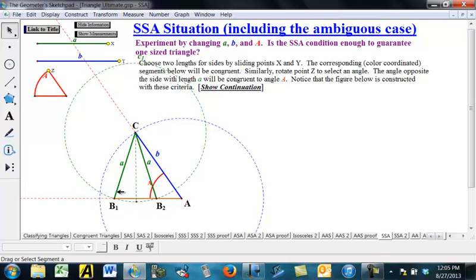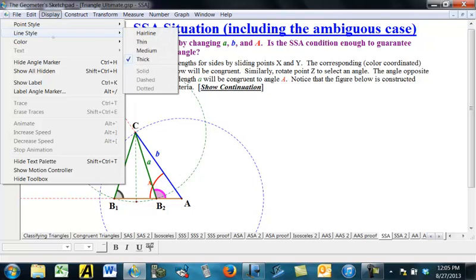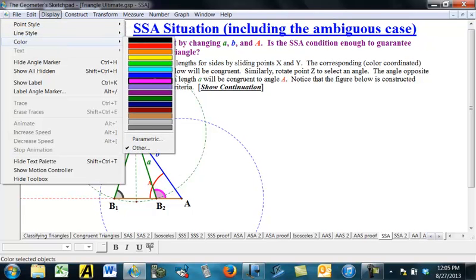The area of the one using B2 is much smaller than the area of the one using B1. And the interior angle at B2 is much bigger than the angle on that other one. So these angles are completely different sizes.